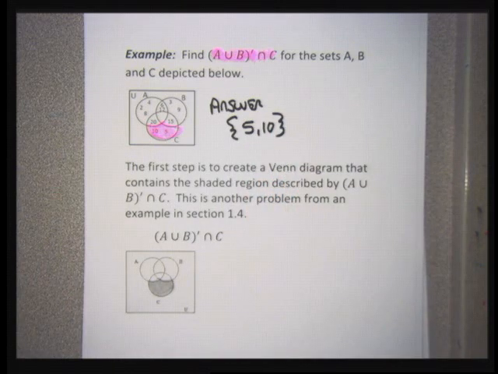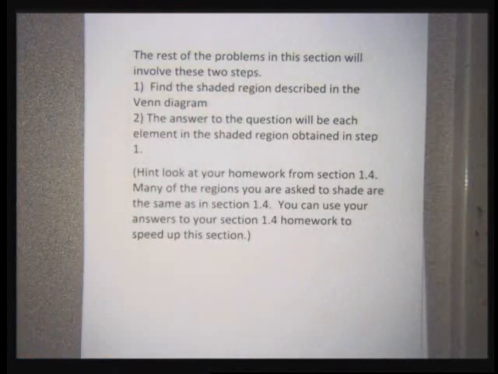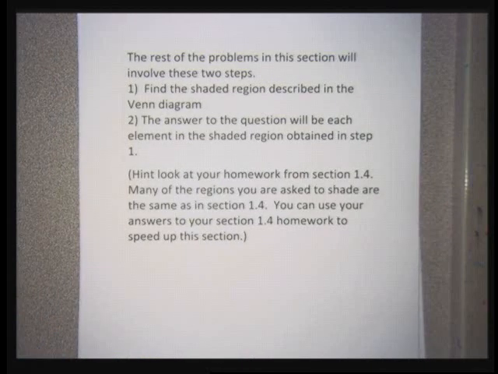I'll not be so lazy for the rest of the problems. For some of the rest, I'll show you how to do the shadings, just in case you're not good at doing them. But that's the lazy way. That's the way I envision you doing most of the homework problems, because most of them will give you a problem to shade that we've already shaded.